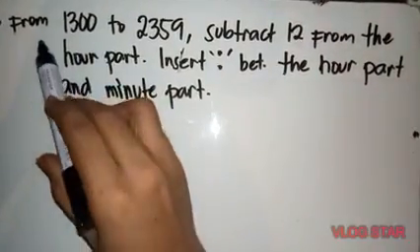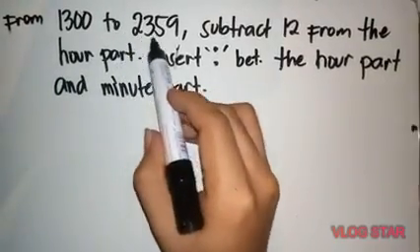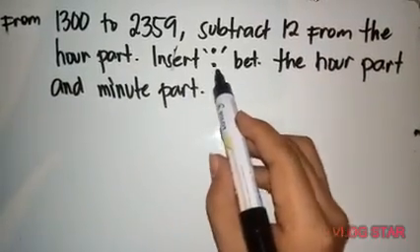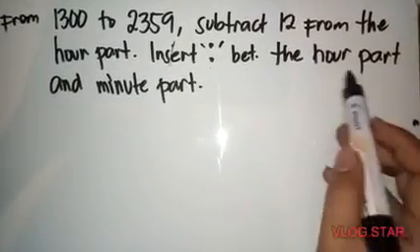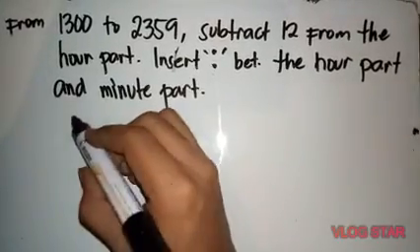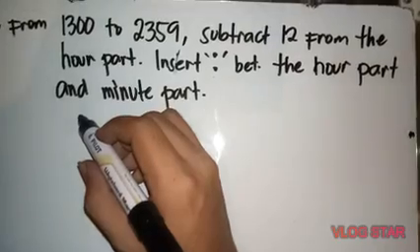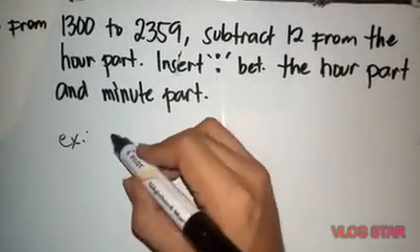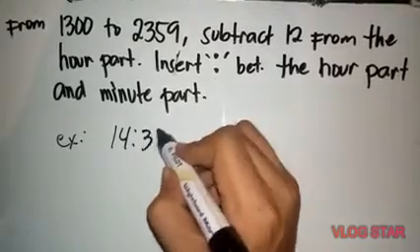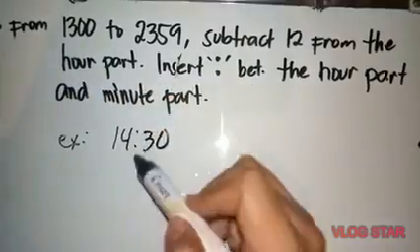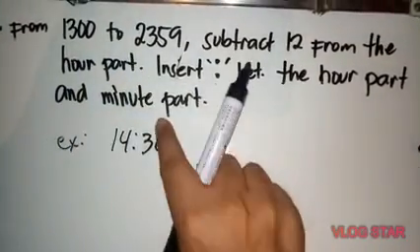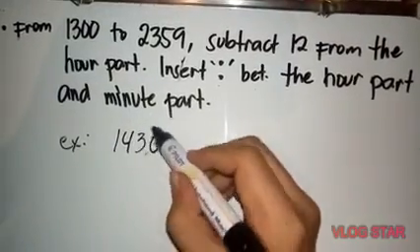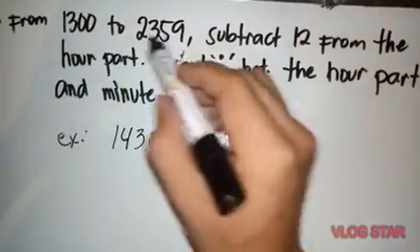So from 1300 to 2359, subtract 12 from the hour part and insert the sign between the hour part and the minute part. For example, 1430 is in this bracket.